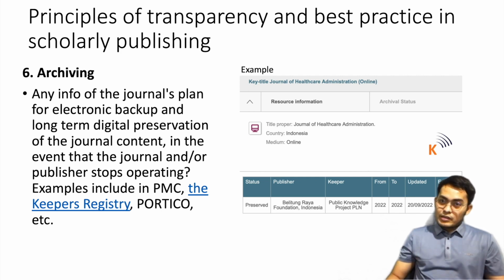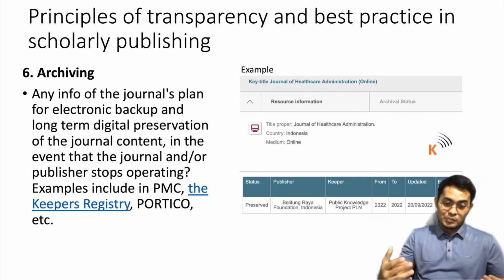And number 6, archiving. Of course, on the website we would like to see, if we publish an article in this journal, that one day if the journal crashes or stops working, our work is still there, not gone, not disappeared.